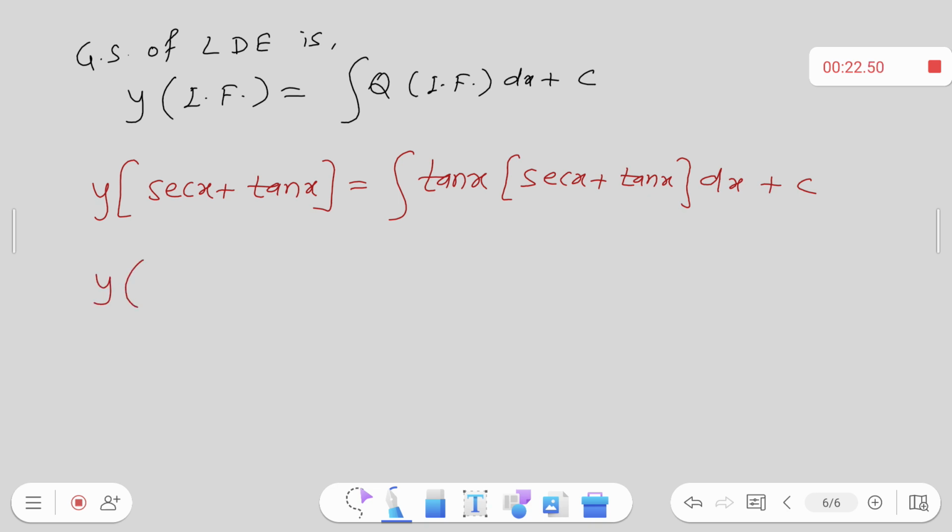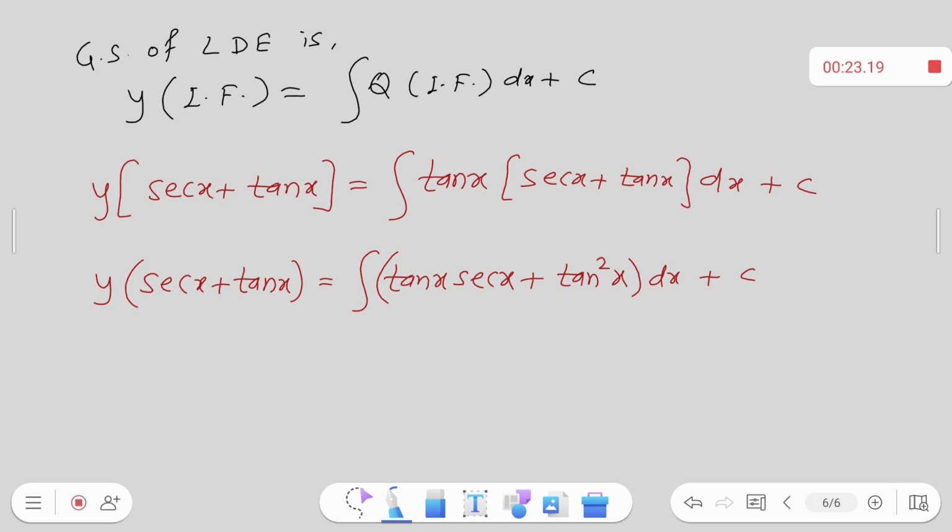So y into sec x plus tan x is equal to tan x into sec x plus tan x, that is tan x sec x plus tan square x dx plus some constant of integration c. So how do we integrate? We split it.